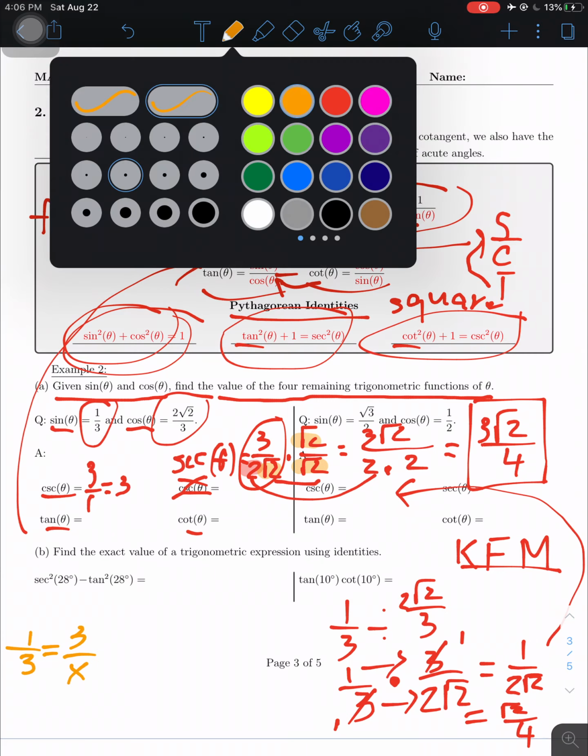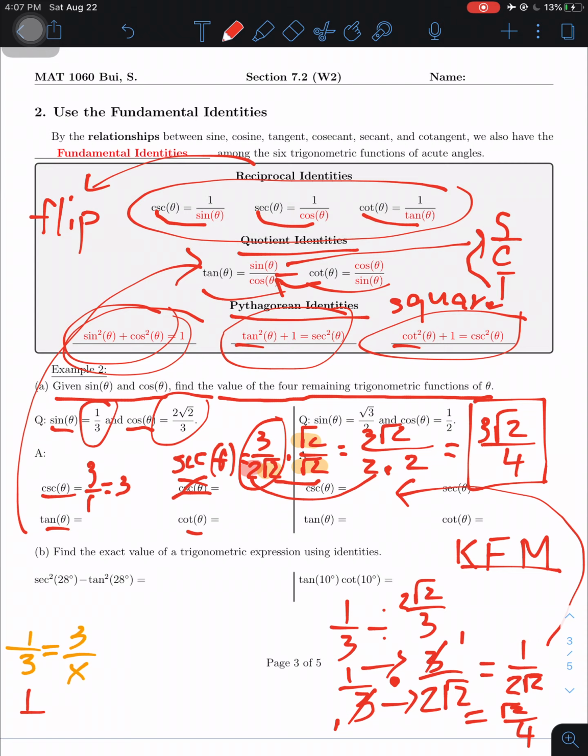This is different compared to 1/3 times 3 divided by x. For the first one, we can do cross multiplication to get x equals 9. This is legal because we have the equation. We have the equal sign between. But for the second one, unfortunately, we don't have the equal sign between. We have multiplication in between.